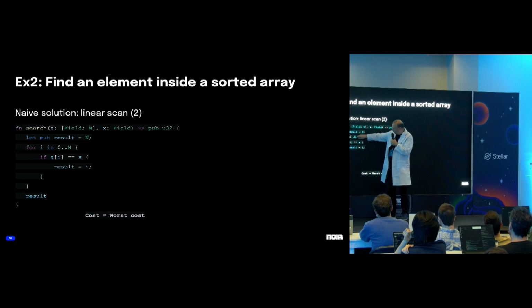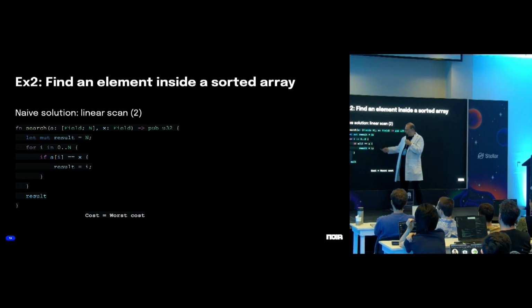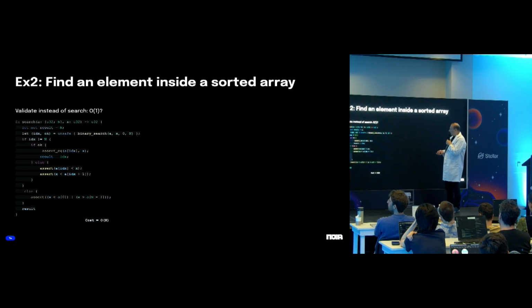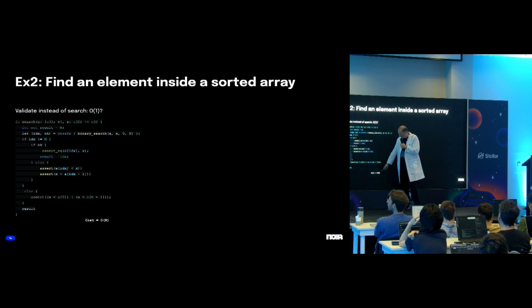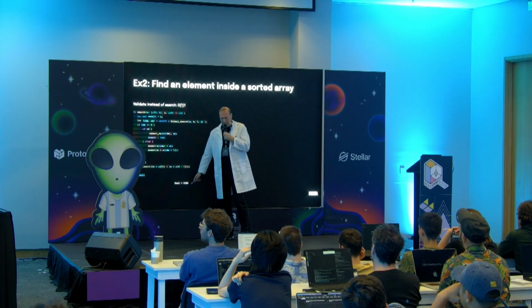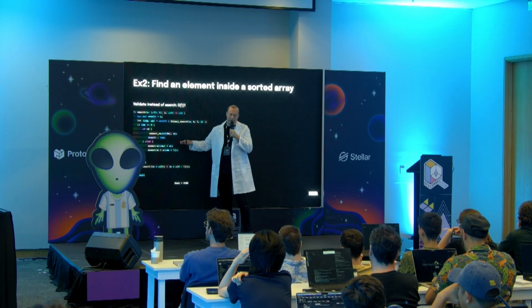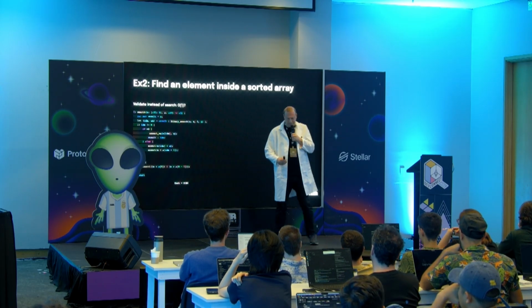So this will cost at least 3 gates per step. So the cost will be like O of 3n, something like that. Whereas here, the initialization of the array is exactly n, and then we have a constant overhead. So it's better.